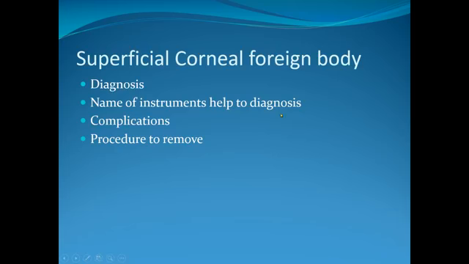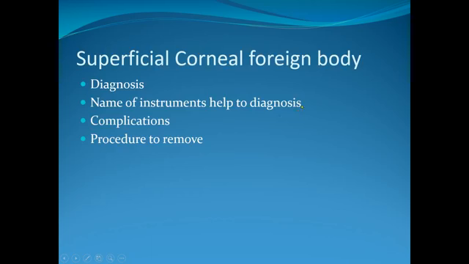So name the instruments. One is the universal eye speculum. Number two, foreign body spud or hypodermic needle. So if there is a question about the name of the instrument for diagnosis, it is the slit lamp and cross light.